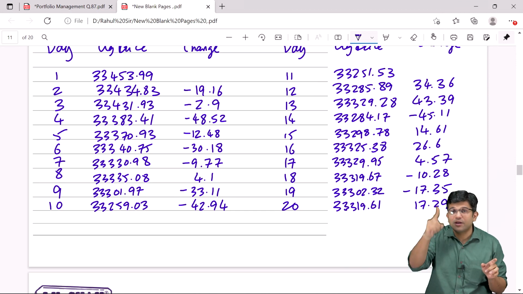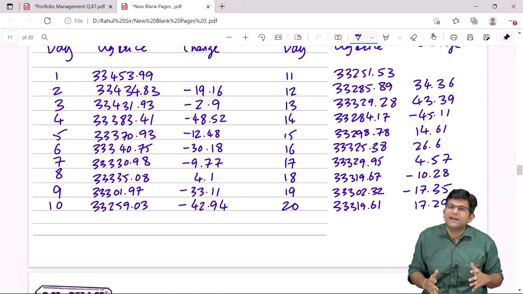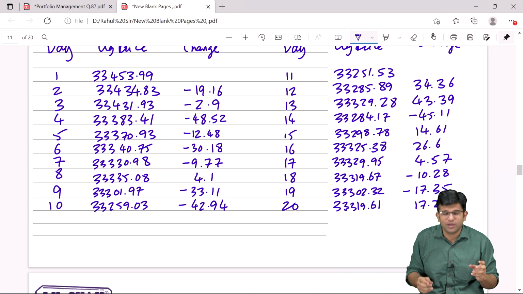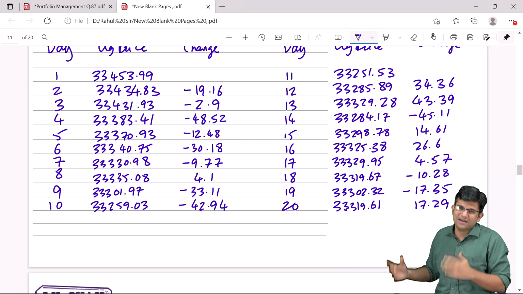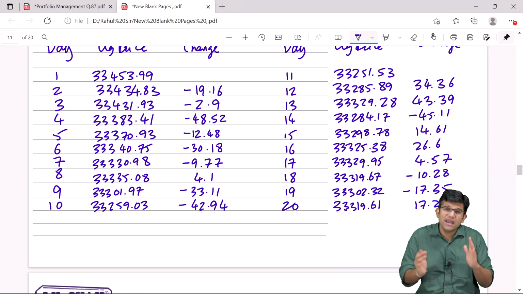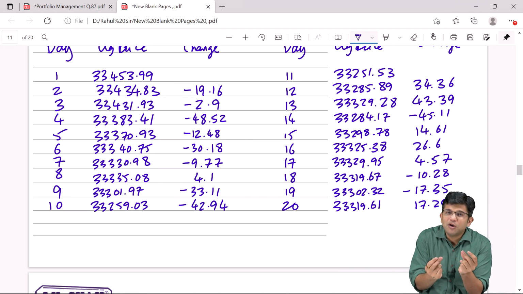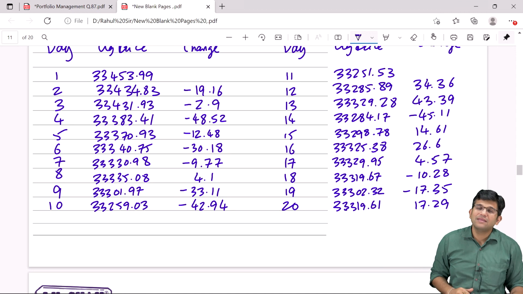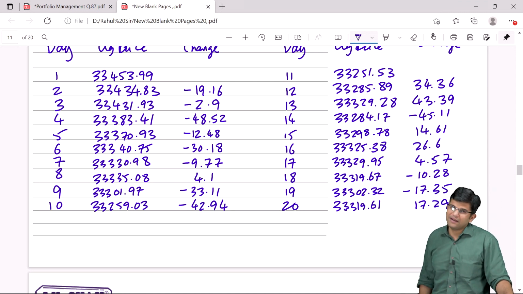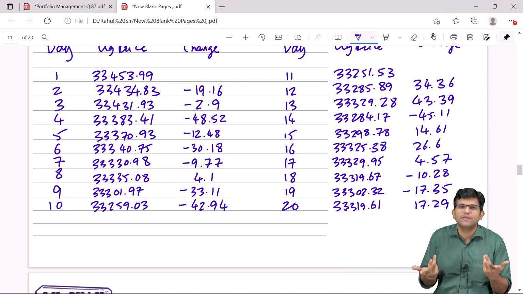That means they are going on a random walk. That means I cannot do trend analysis or chart analysis and judge what will happen in the future. If the correlation is zero, I'm not able to predict what will happen in the coming 10 days just by looking at the past 10 days, because the relationship is zero.